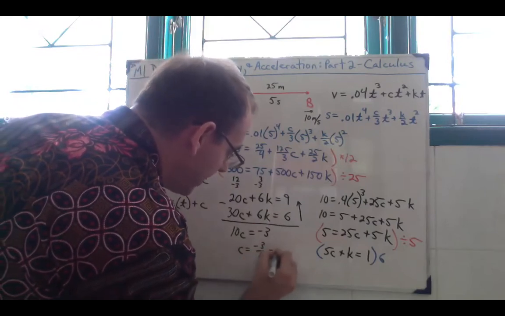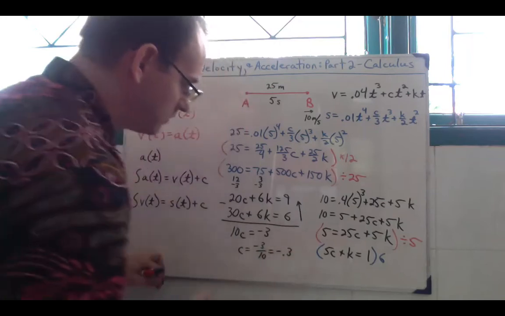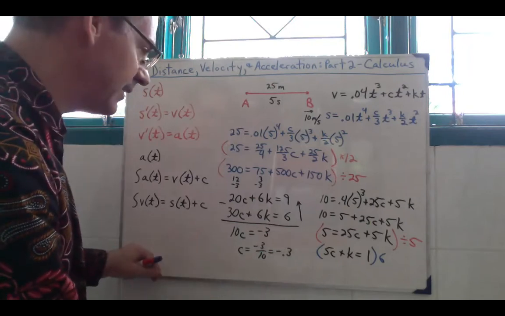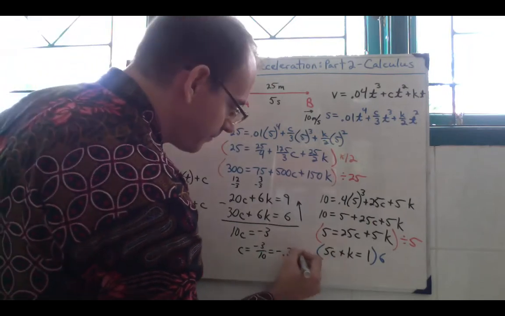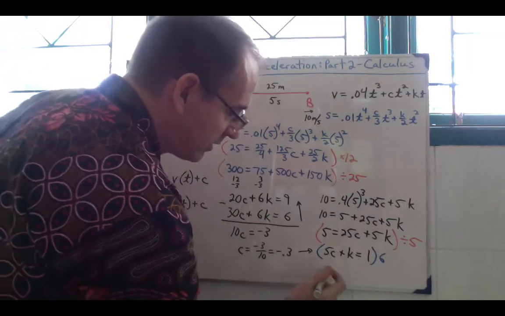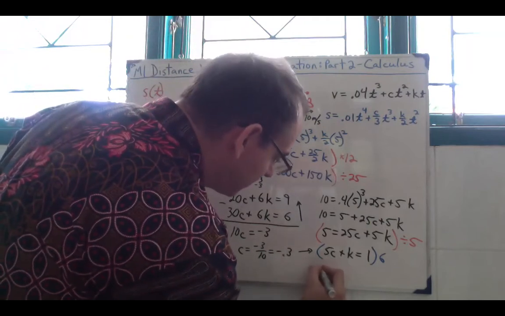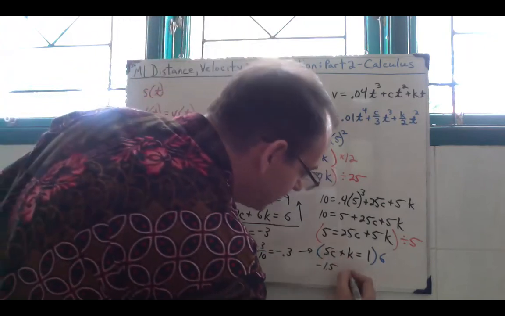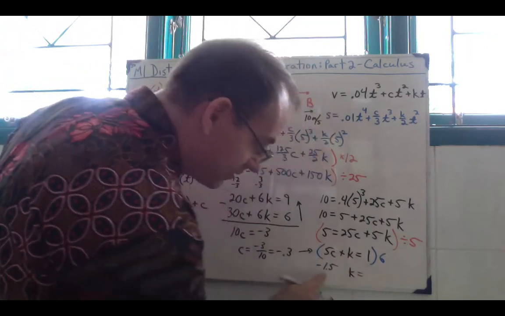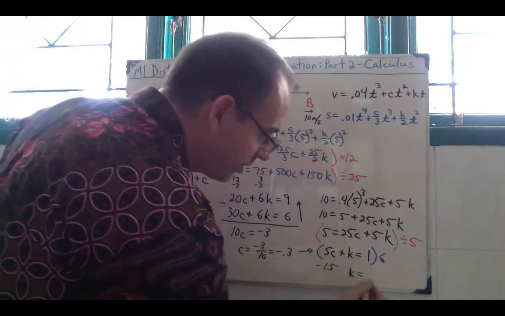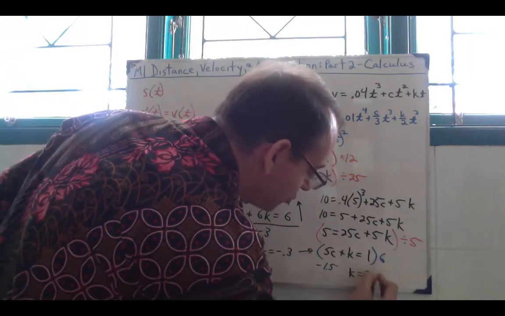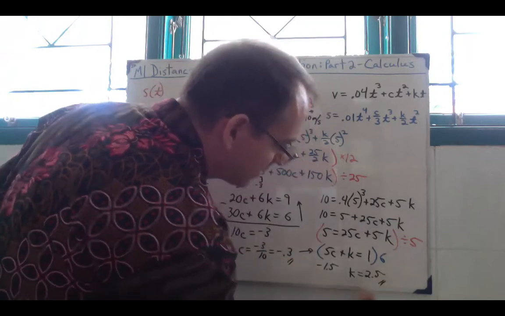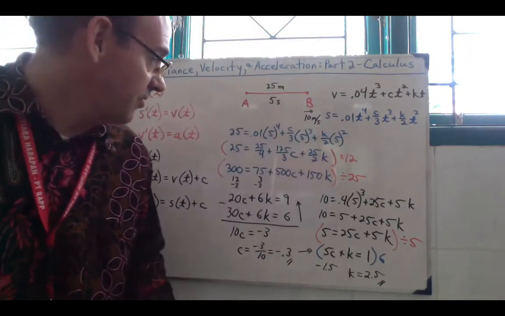So I get -0.3 for the C. And then when we plug that back into here, -0.3 times 5 is -1.5. So that means K, when we add the 1.5 over here, is 2.5. So C and K, there's our two answers.